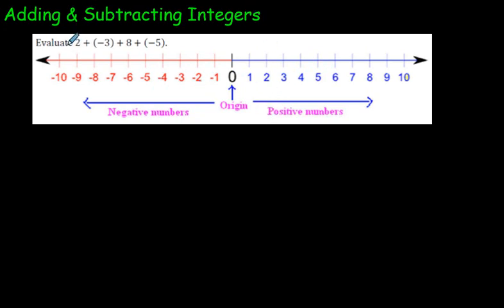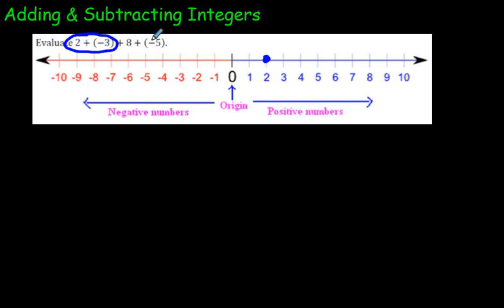Over here, it says evaluate. Let's just look at these two to begin with. What's 2 plus negative 3? You could start at the 2, and then put that together with a negative 3. When you see plus negative 3, it just means this together with this negative 3.